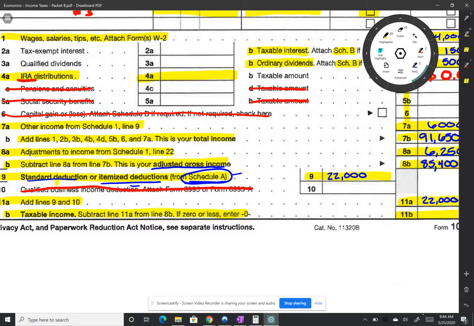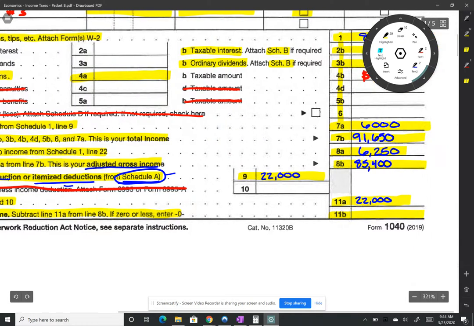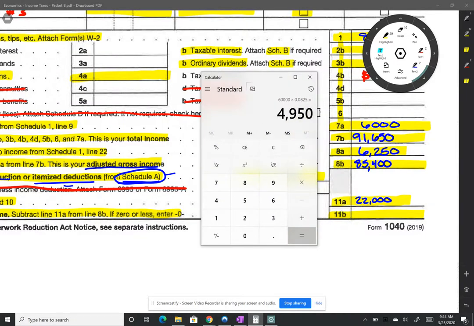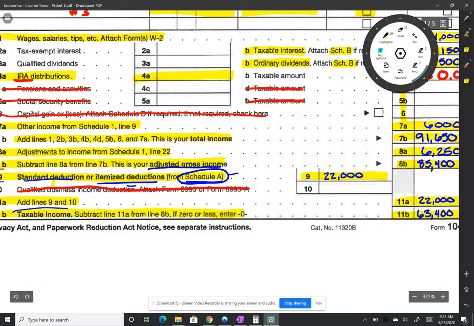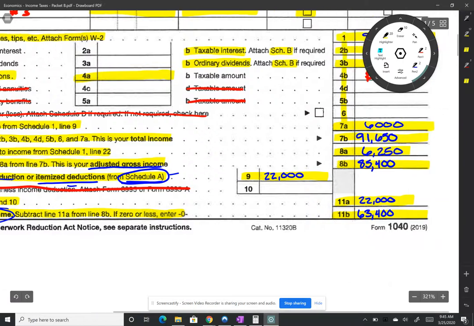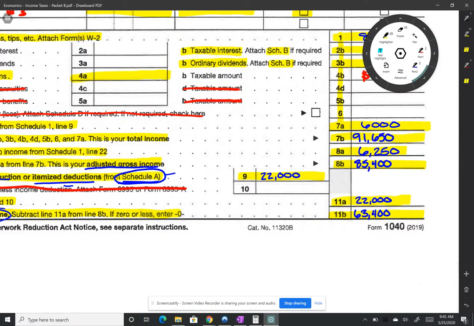Subtract line 11A from line 8B. 85,400 minus 22,000, and that's going to give us $63,400, and that's going to be our taxable income. Okay, so we'll stop there real quick, and then we'll get to calculating taxes, which y'all already did yesterday.